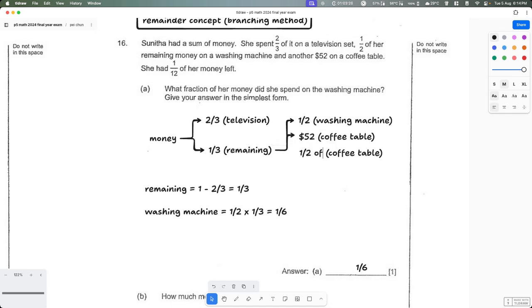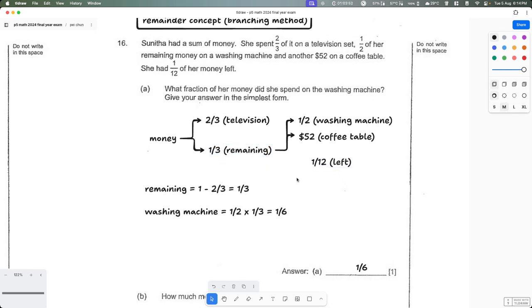So we are left with 1 over 12 of the whole money after everything here. It's not under the remaining, so I'm just going to put it like this.